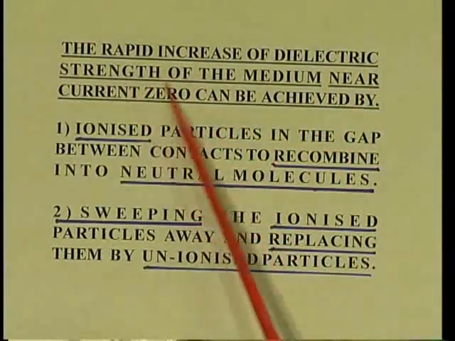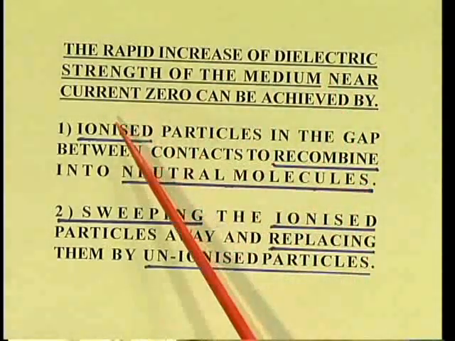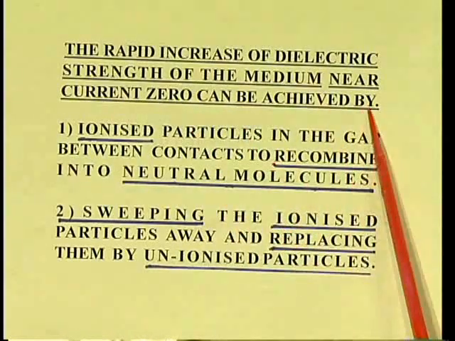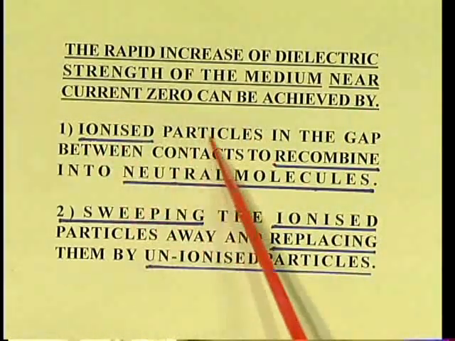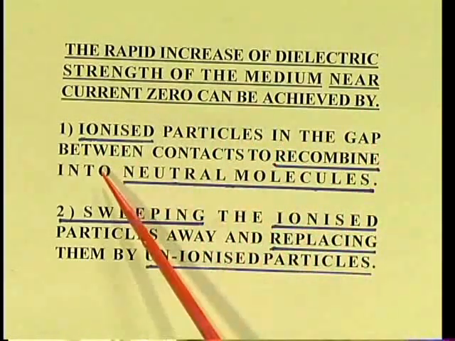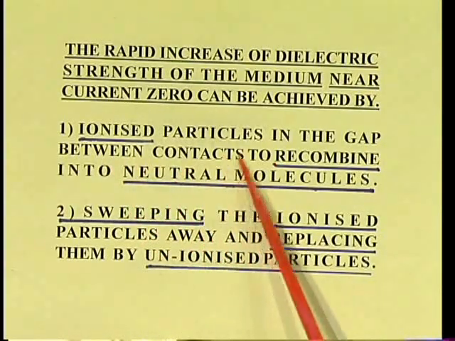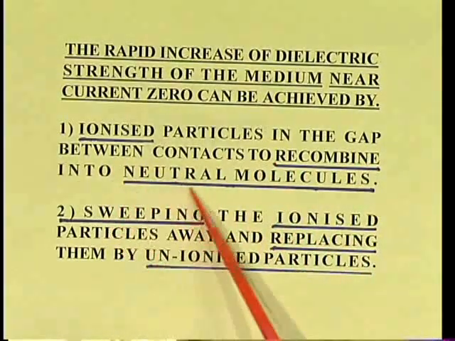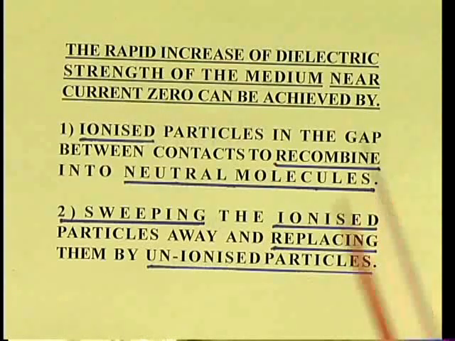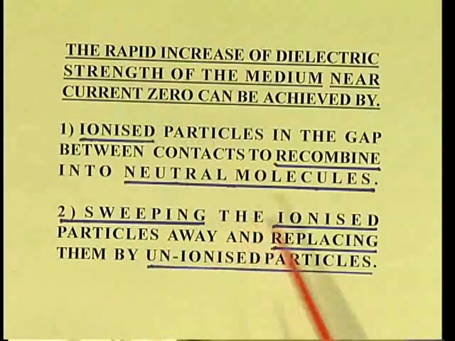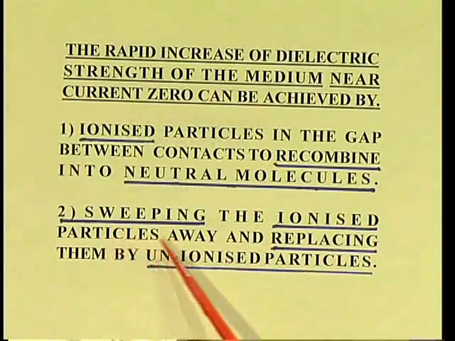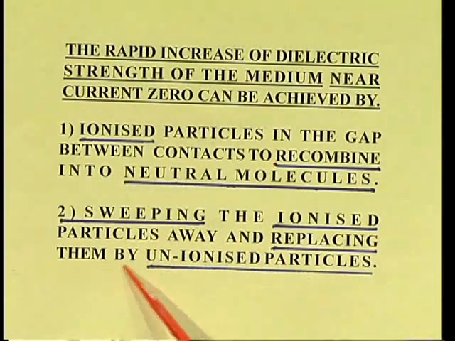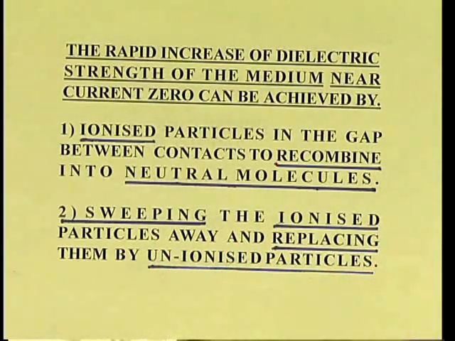See this caption: the rapid increase of dielectric strength of the medium near current zero can be achieved by, first, allowing the ionized particles in the gap between contacts to recombine into neutral molecules. Second, sweeping the ionized particles away and replacing them by unionized particles.